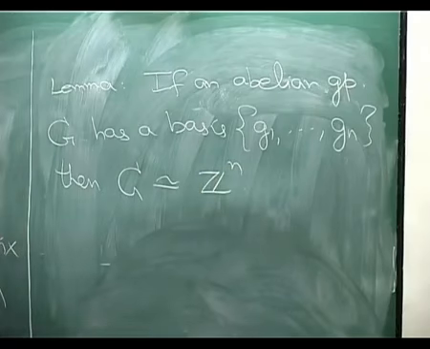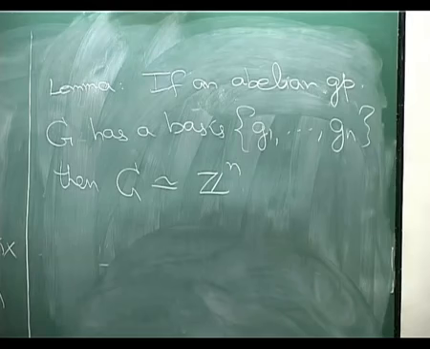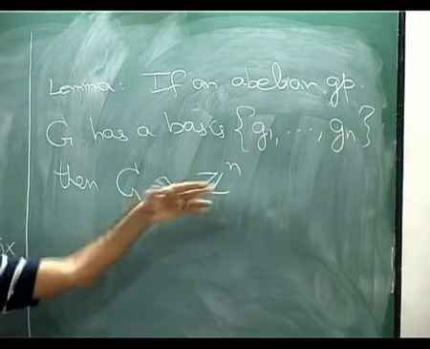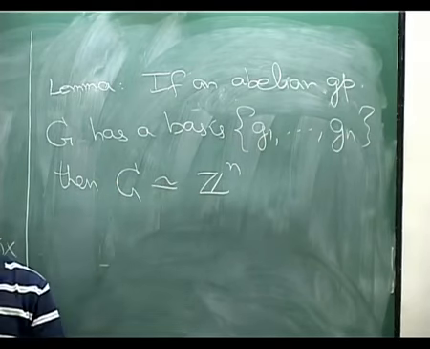I am saying the only groups that have a basis are exactly what I told you earlier, which is the finitely generated free abelian groups. They are the only ones which have a finite basis. If you have a finite basis of n elements, then G is necessarily isomorphic to Z^n.